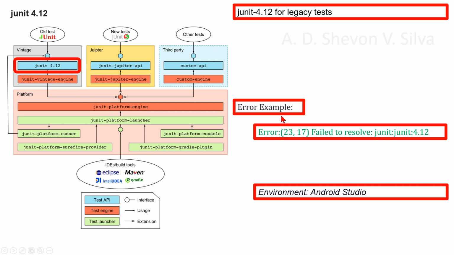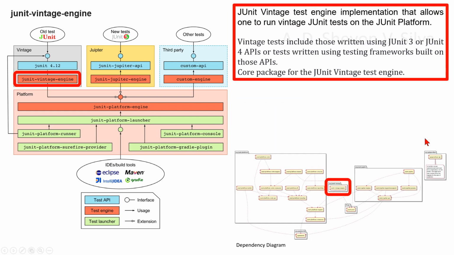As an error example, we can consider this one that occurred in Android Studio: failed to resolve JUnit 4.12. Now we are focusing on the JUnit Vintage engine.